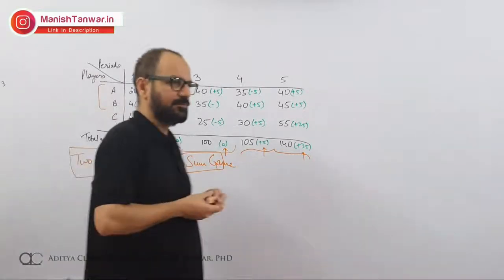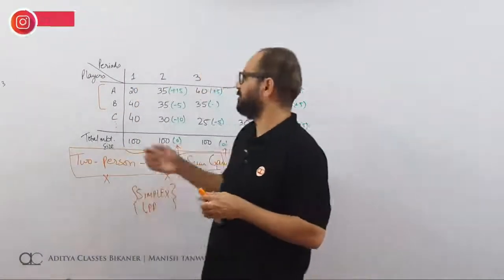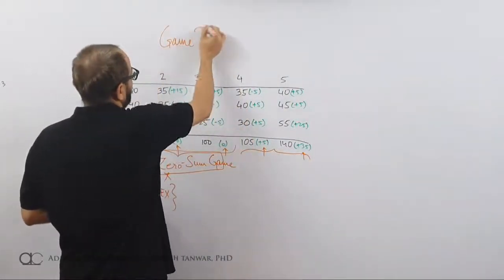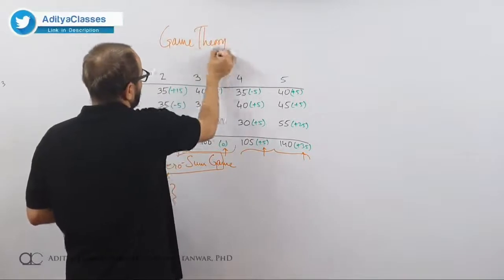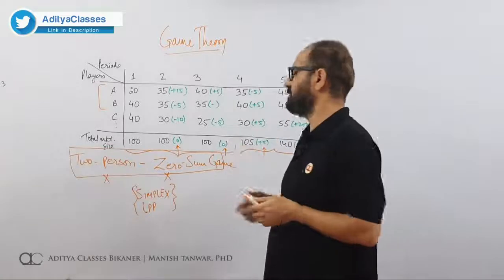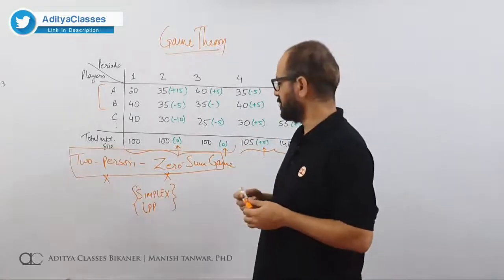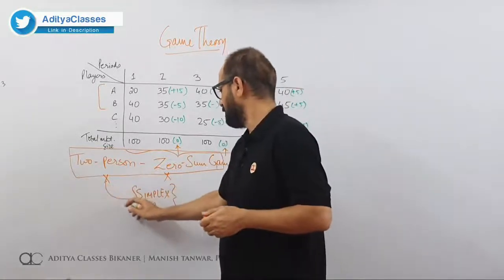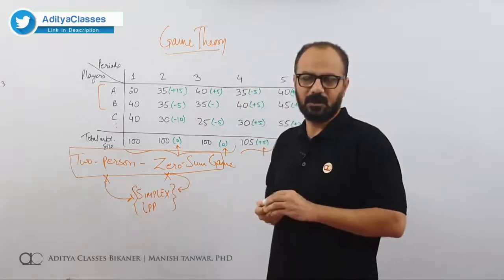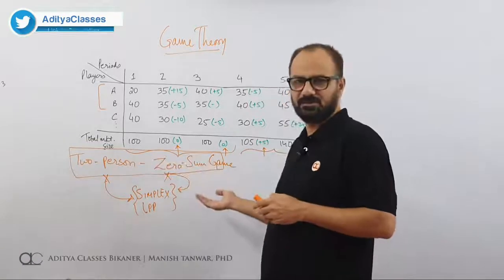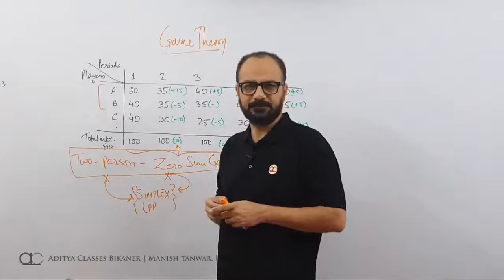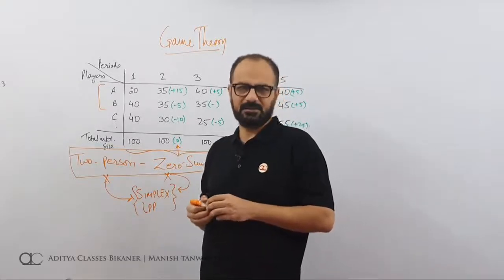The idea is that whatever we will be studying over here in game theory will be a two-person zero-sum game. And for all games which are not two-person or not zero-sum, there is only one way to solve them, and that is linear programming. That is simplex.